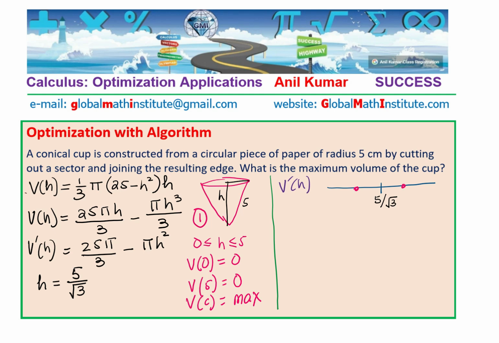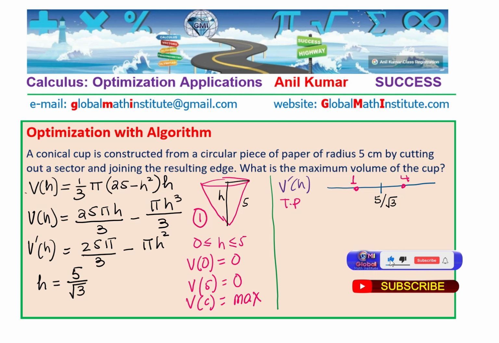These are called the test points. Let's see the decimal equivalent of 5 by square root 3. It is around 2.8. So let's take the point on the left side as, let's say, 1. And on the right side, let's say 3, or you can say 4. Any point you can choose.